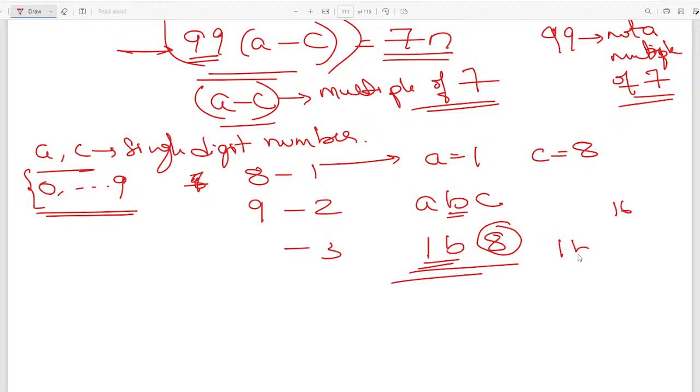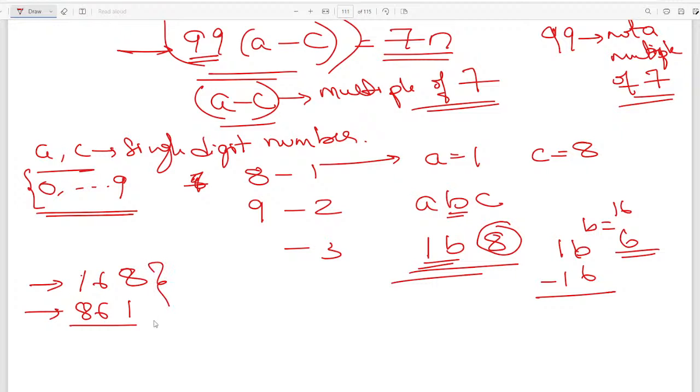And 1B minus 16 should give me a multiple of 7. The only possibility for B would be 6. So one number, which is a 3-digit number and divisible by 7, is 1, 6 and 8. And if I reverse this, it will become 8, 6, 1. So both these numbers are divisible by 7.